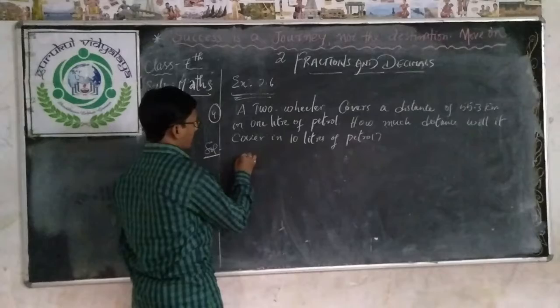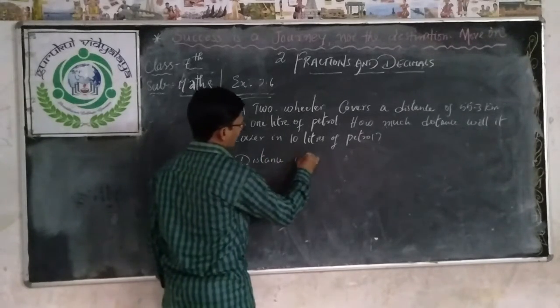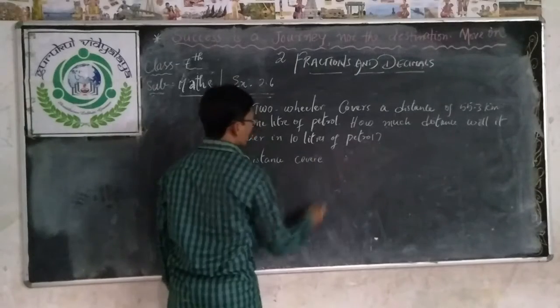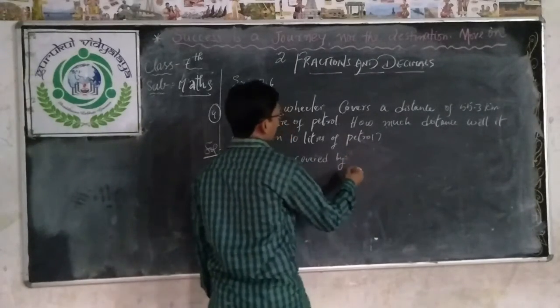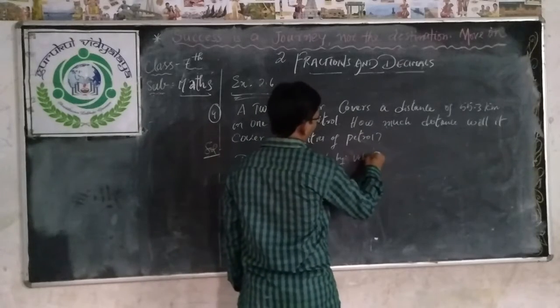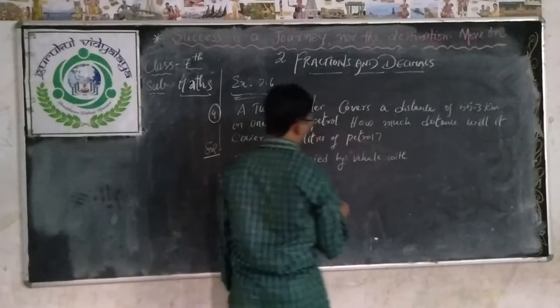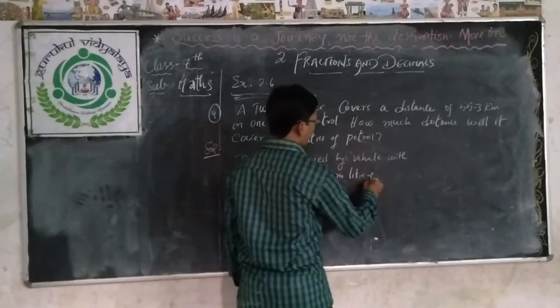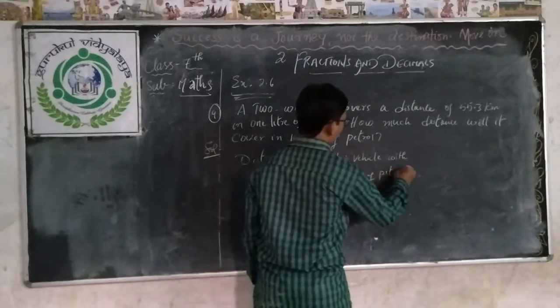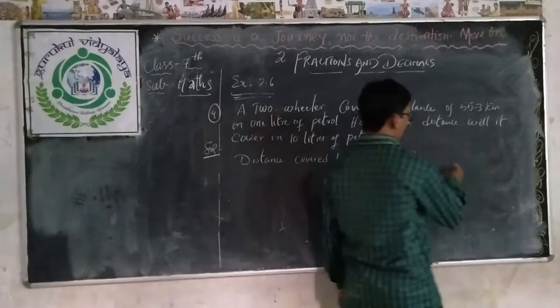Distance covered by the vehicle with 1 liter of petrol: how much? 55.3 kilometers.